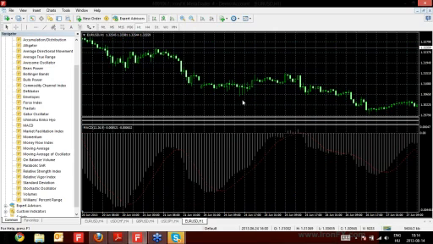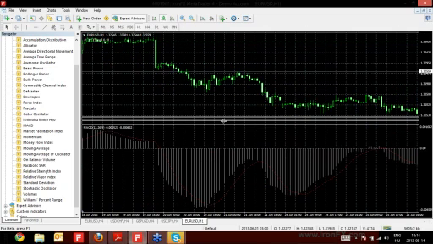So play around a little bit and see what period works better on what time frames, because on certain time frames certain periods work better, since the characteristic of the price movement is different.